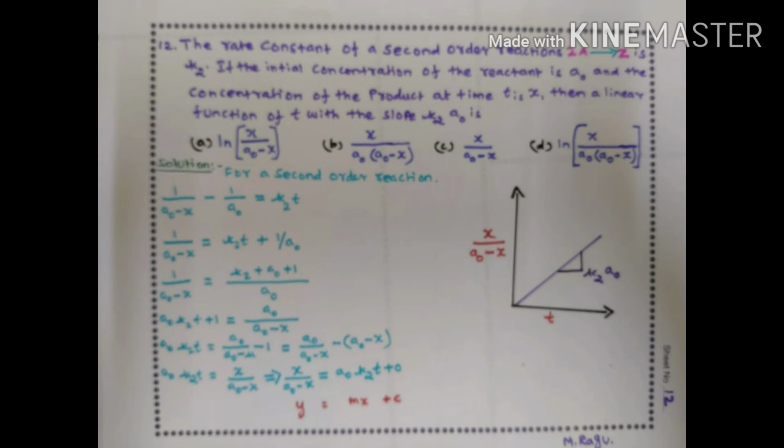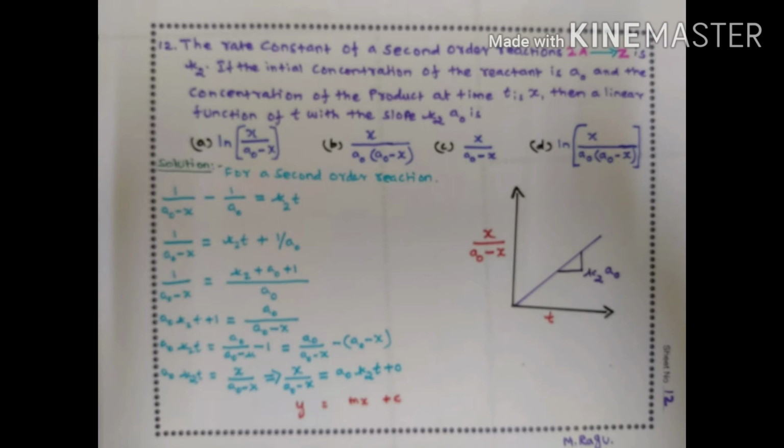Solution: for a second order reaction, 1 divided by (A0 minus x) minus 1 divided by A0 is equal to K2t. 1 divided by (A0 minus x) equals K2t plus 1 divided by A0.